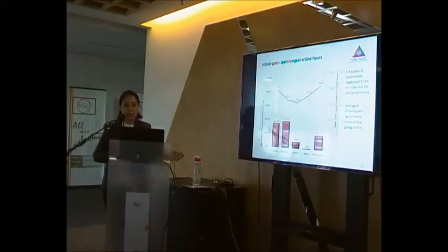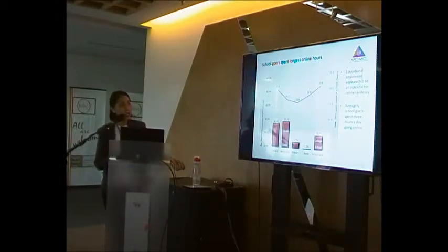Next, we look at the time spent online and also the educational achievement. You can see here, the line graph is actually the time spent online in a week. So averagely, how many hours are spent online in a week.